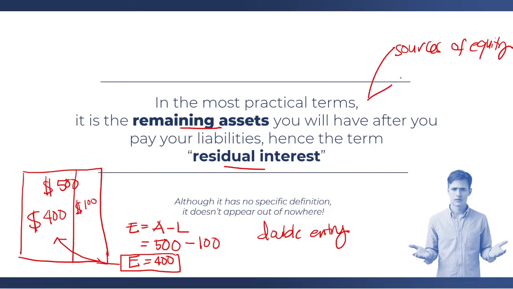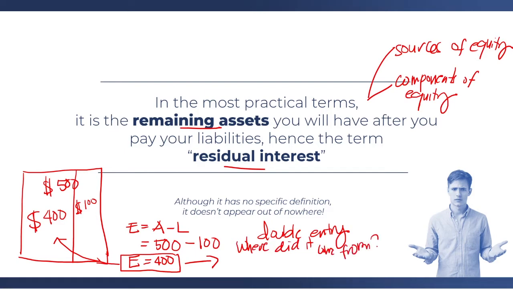And number two, what are the components of equity? If we can define cash and trade receivables as assets, we should also define certain terms or components to be within the element of equity as well. So in the previous example, if you are talking about $400 of equity, your questions would be, where did it come from? And what is it composed of?